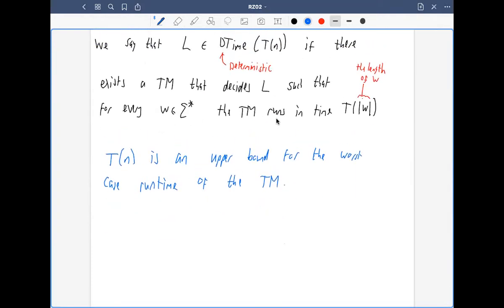And now the fundamental definition is going to be the definition of polynomial time computable functions.